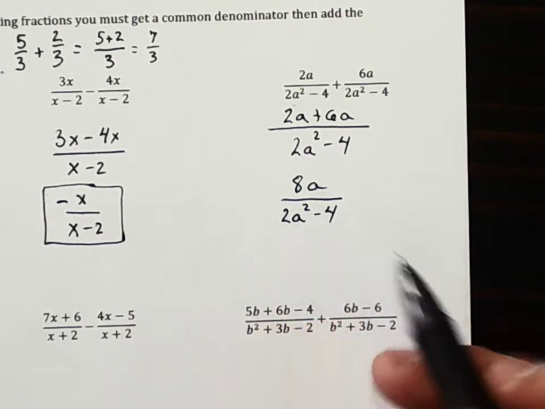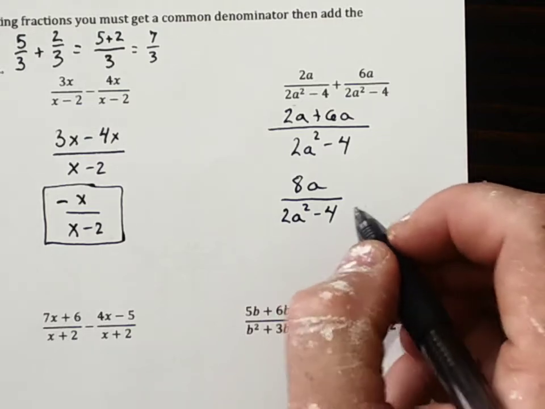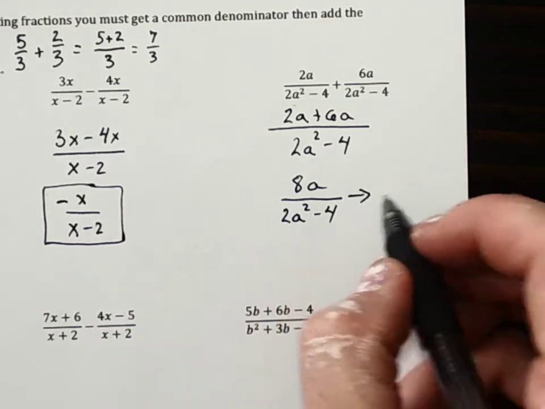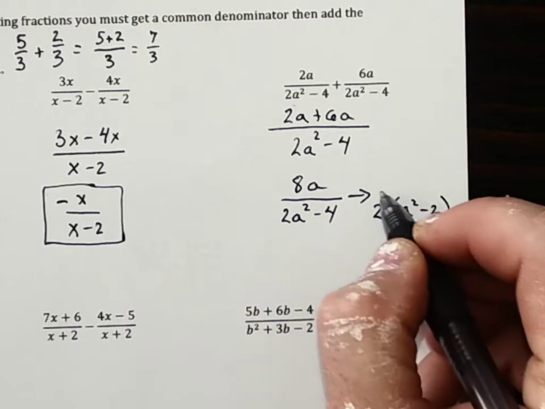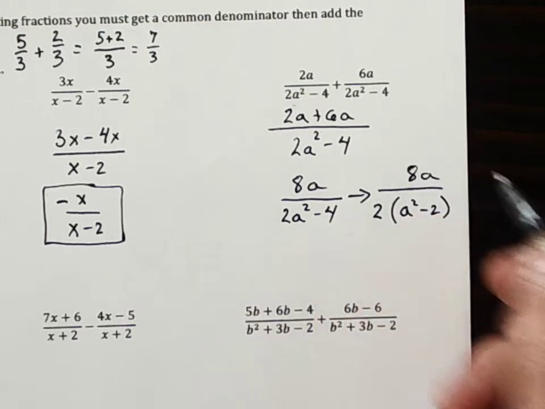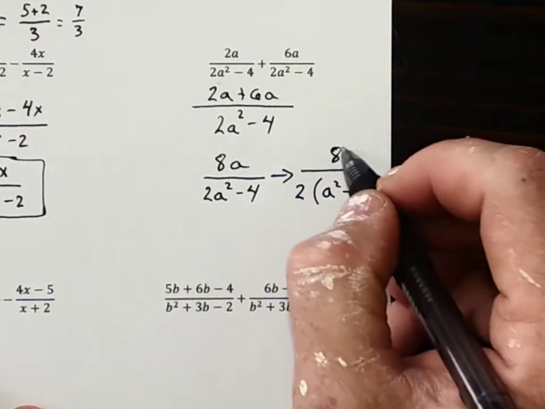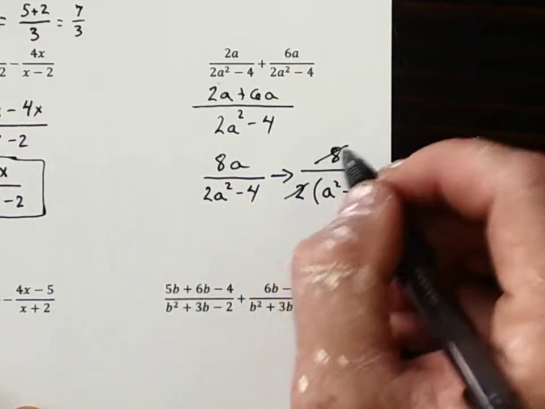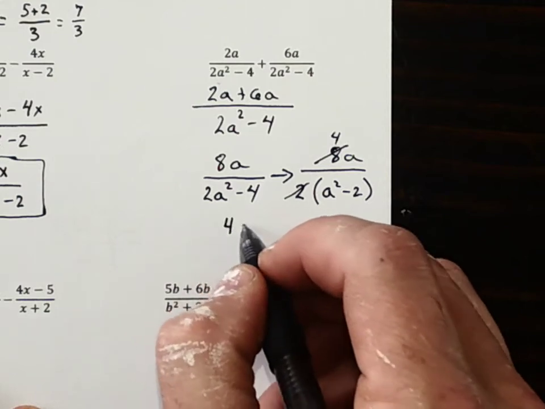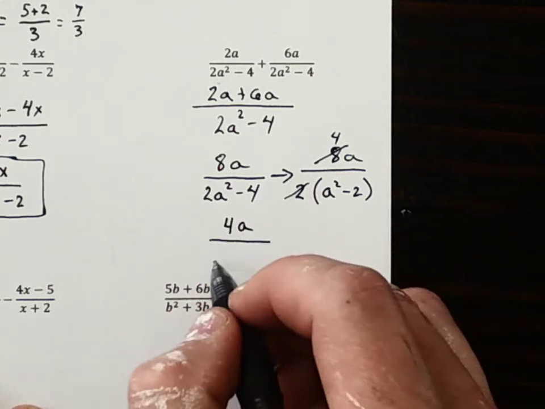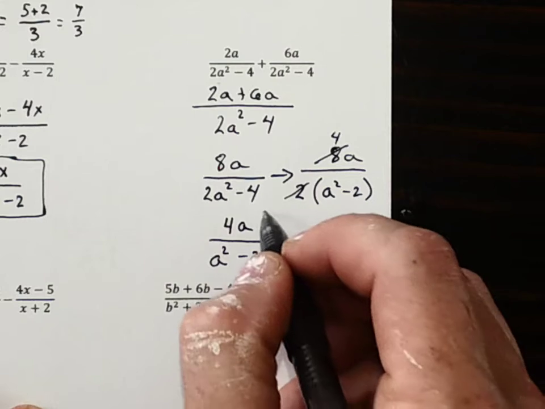A 2 is in common. So what this can become is 2 outside of a squared minus 2. And then we have an 8a on the top. So then this 8 and that 2 goes into 8, making it a 4. So then the final answer is 4a all over a squared minus 2.